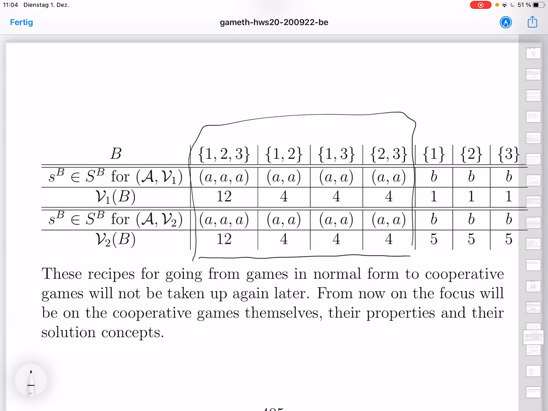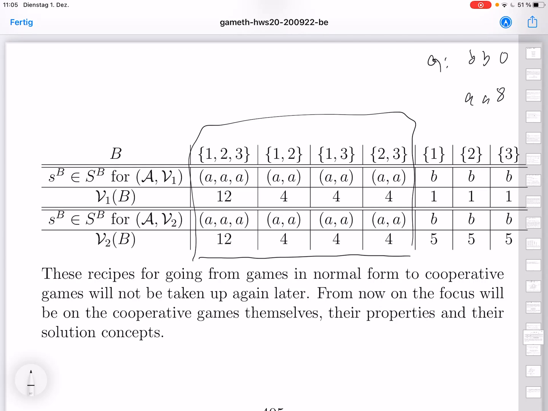So if player 1 here chooses A, then in the first game they choose BB, and then he gets 0. In the second game they choose AA, and then they get 8.